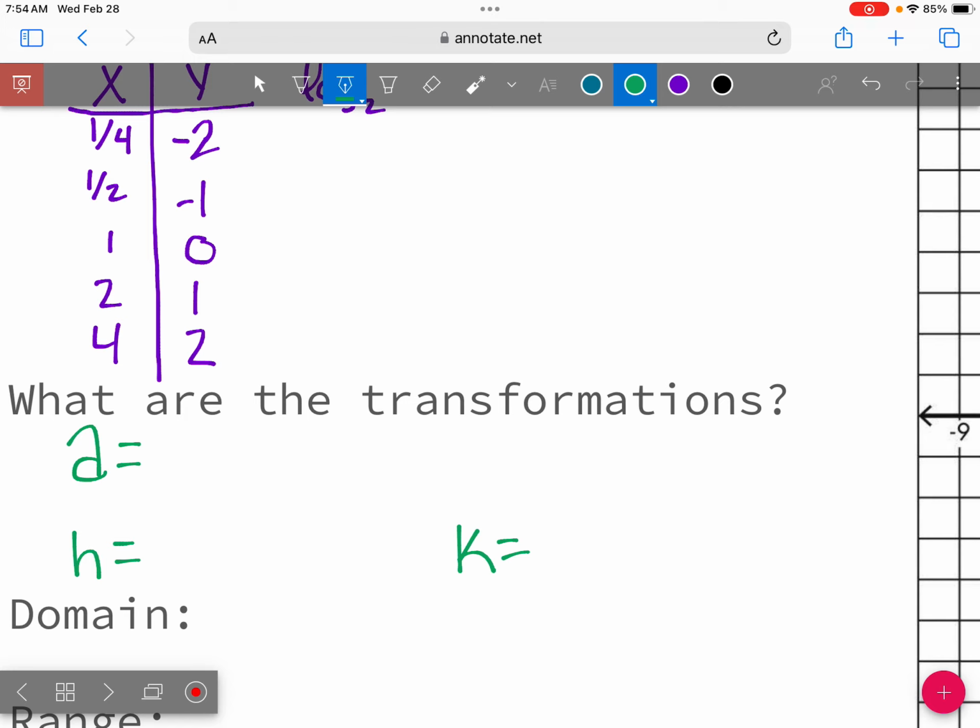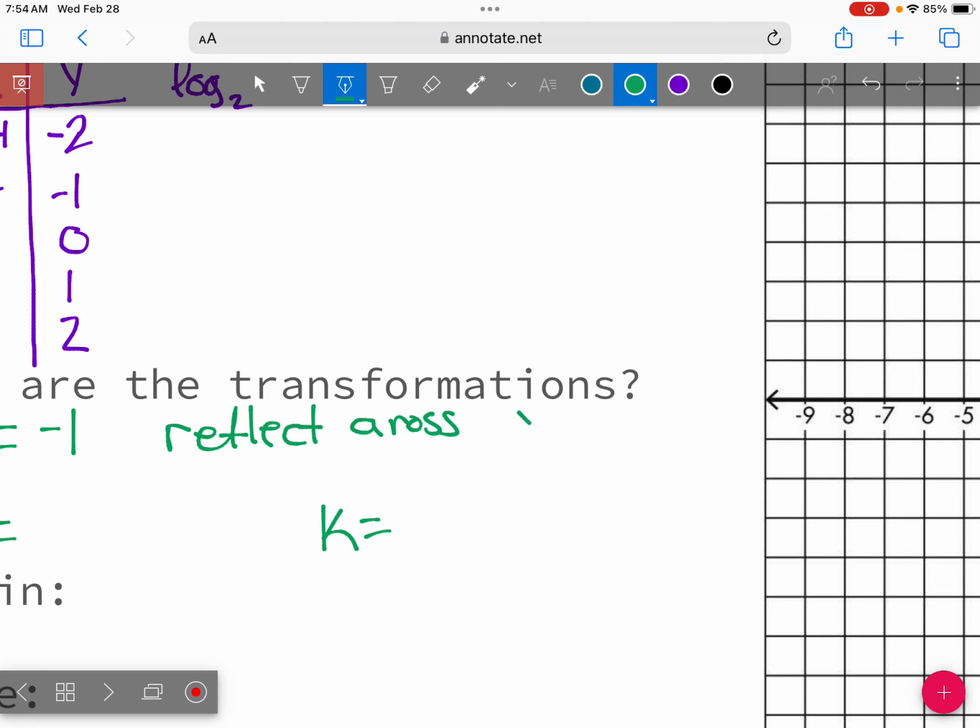A is -1, which means this has a reflection. This is going to reflect across the x-axis. It's going to go upside down.